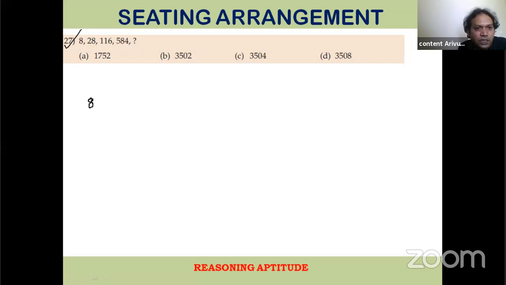So 8 into 3 plus 4 is equal to 28. You see, 8 into 3 is 24, and 24 plus 4 is 28. Now if you look at 28 and 116, 28 into 4 plus 4. 28 into 4 is how much?